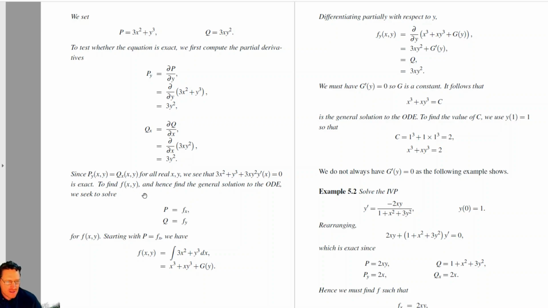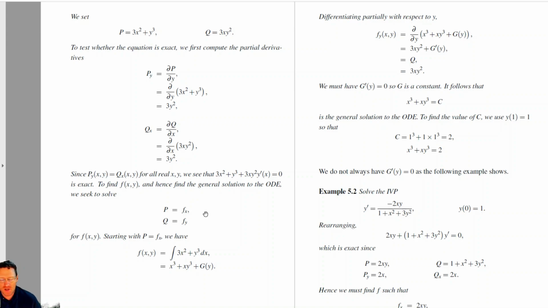All right, so moving on, let's go ahead and find f of x and y. So we seek to solve the equation p is equal to f subscript x and q is equal to f subscript y. But let's start by solving the first partial differential equation there.